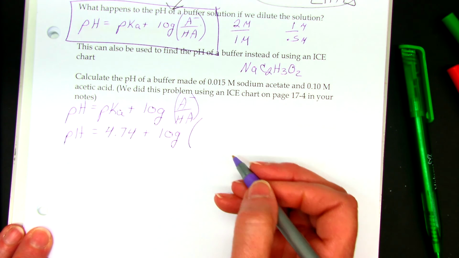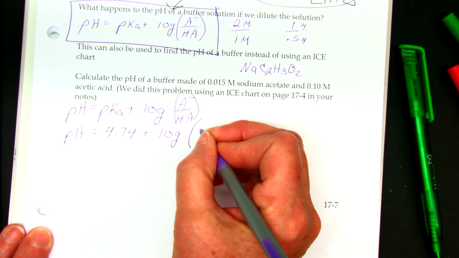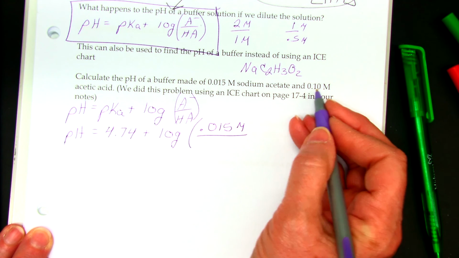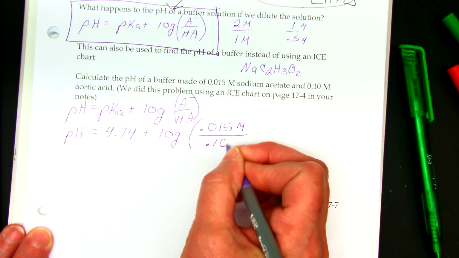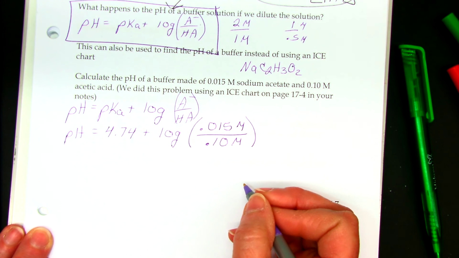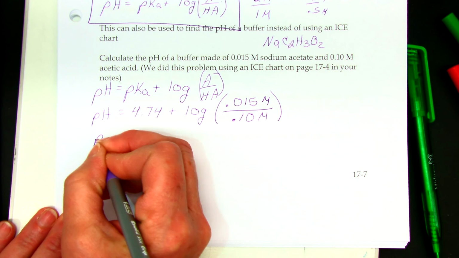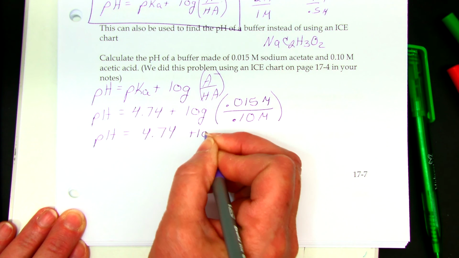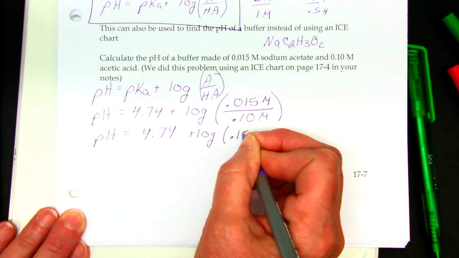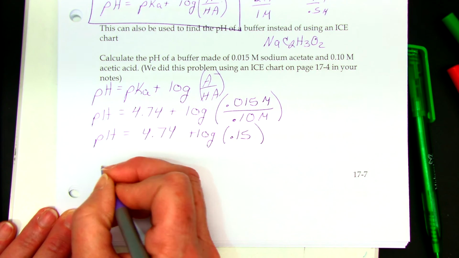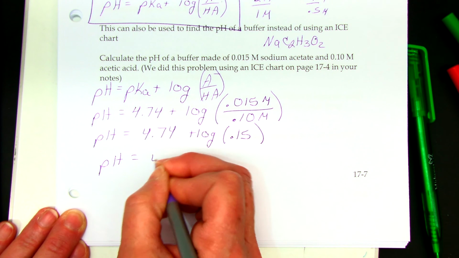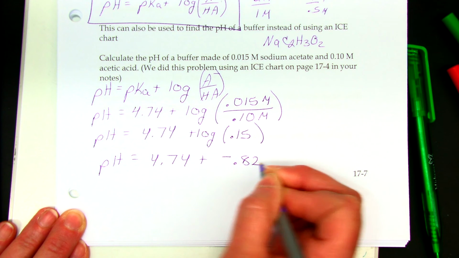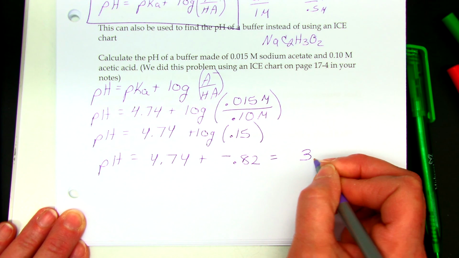So I have 0.015 molar sodium acetate divided by the acetic acid concentration, 0.10 molar acetic acid. So my pH is 4.74 plus the log of 0.15. So pH is 4.74 plus a negative 0.82. So that is equal to 3.92.